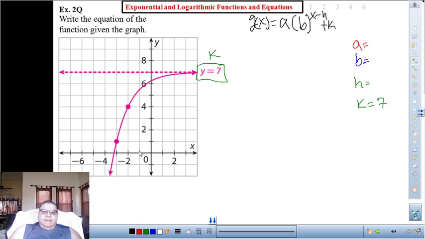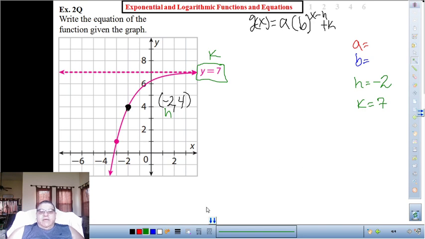The point close to the asymptote is this one right here. Let's label that. That point is negative 2, 4. And now we know that this is our h. So our h is negative 2.